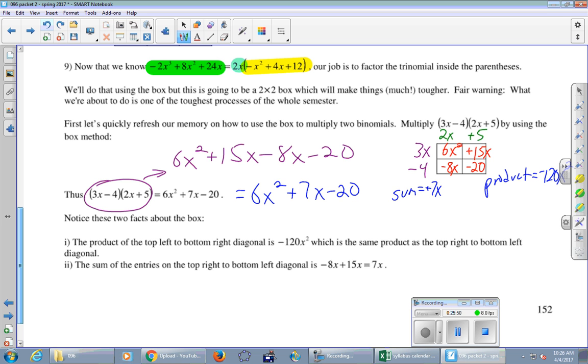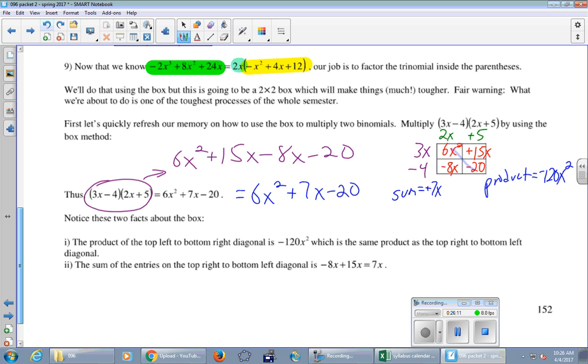That negative 120x squared, I know we did 6x squared times minus 20, right? Isn't that right here? 6x squared and minus 20. So again, we're imagining I'm just giving you this, and I'm asking you to go the hard direction, going backwards. I'm only giving you that information. Well, I'm giving you enough to multiply this diagonal, right?